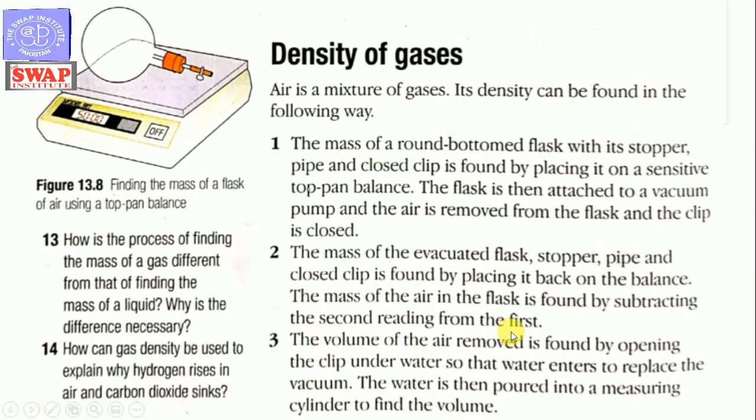Same process as I already discussed in the case of the pebble and in the case of the liquid. The third step: the volume of the air removed is found by opening the clip under water so that water enters to replace the volume.